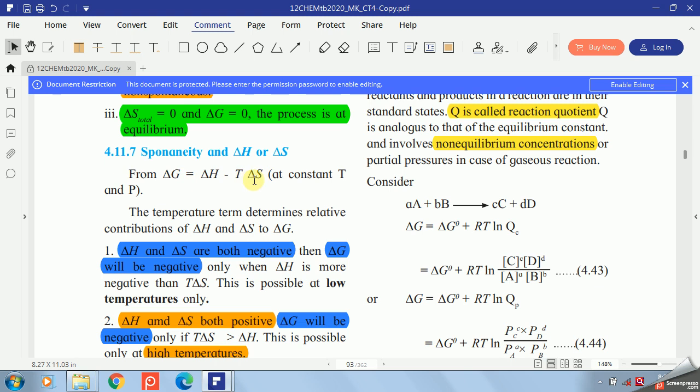But when T delta S is greater than delta H in magnitude, then delta G will be negative. The second case: delta H and delta S both are positive values, then your delta G will be negative only when T delta S is greater than delta H.